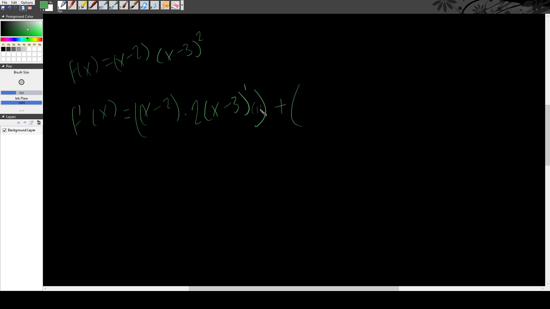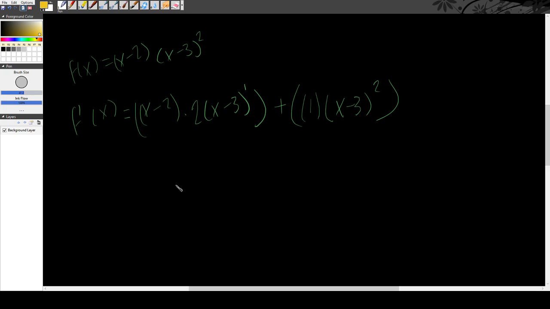Obviously here you would take the derivative of the inside, but it's just 1, so it doesn't really matter. Same thing here. The derivative of x minus 2 is literally just 1, so then x minus 3 squared. This is your derivative.